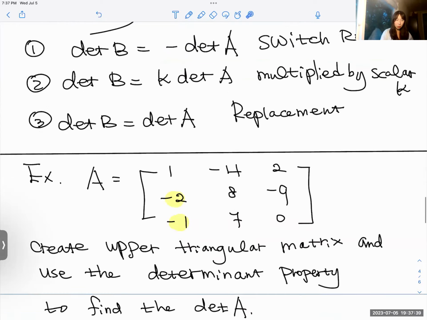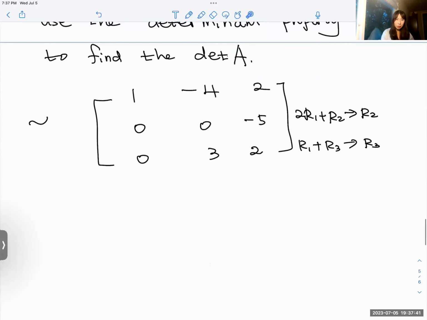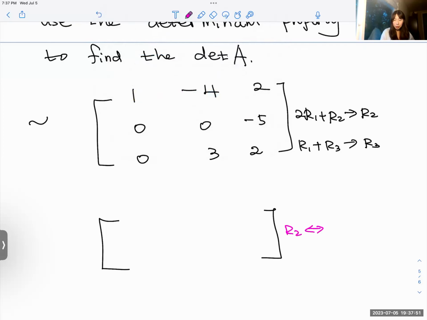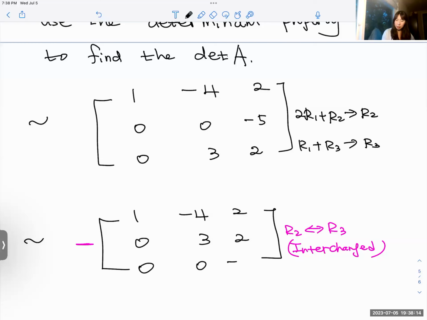So we switch rows, R2 and R3, interchange. Then we put the negative, all right? So equivalent: 1, -4, 2, and 0, 3, 2, and 0, 0, -5.